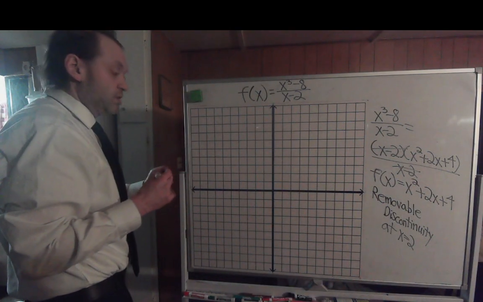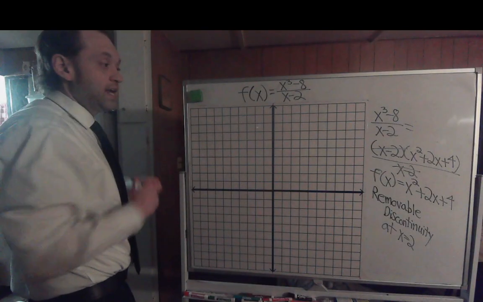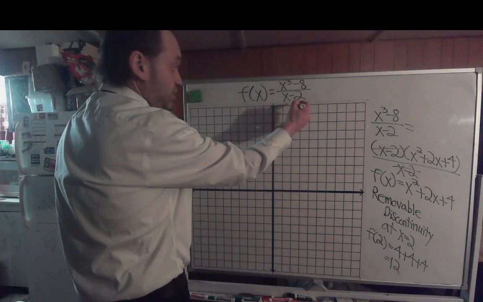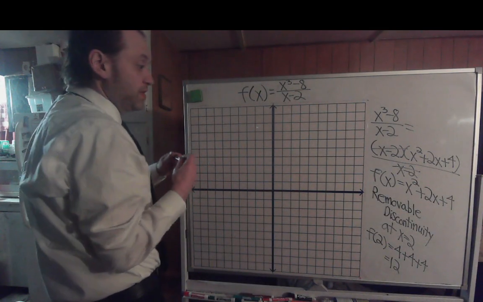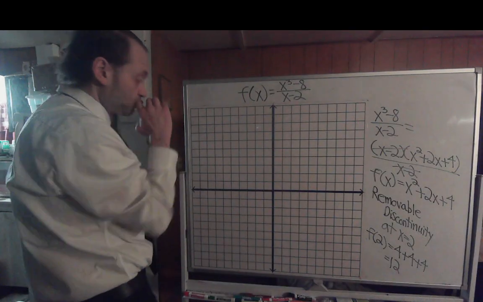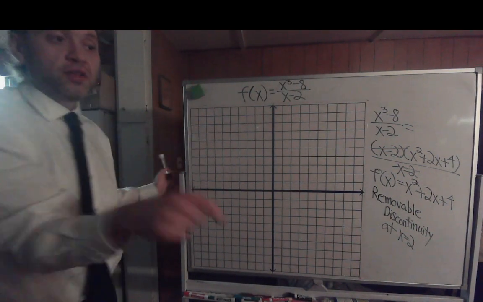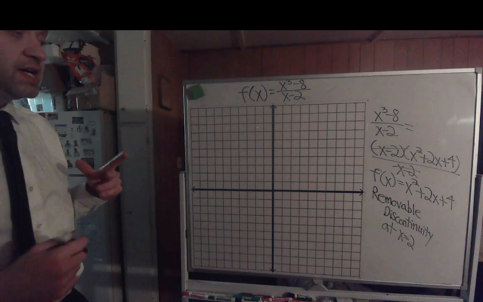Knowing that now, why don't we put in f of 2 and see what value we get? So f of 2 would give you 4 plus 4 plus 4, which would give you 12. Well, good news is it's off the charts, so you don't even have to worry about that. But at the point (2, 12), you would put another hole there because it's not defined.